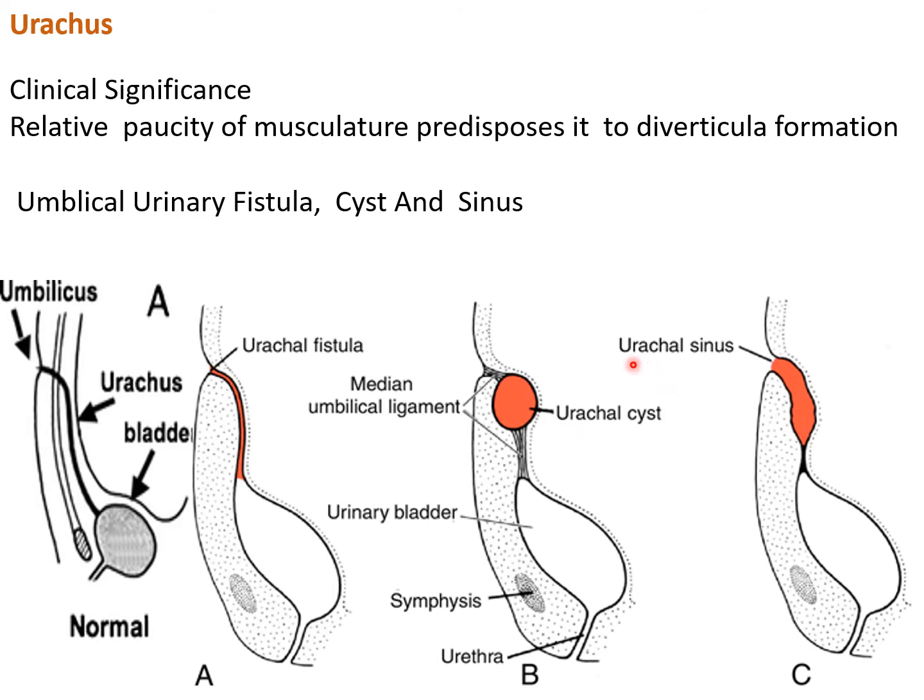Another condition which can exist is the urachal sinus. Now the part which is near the urinary bladder gets fibrosed, but distally this particular area is still patent and it is lined by mucous membrane again. So this mucous membrane also starts secreting and it results in urachal sinus.